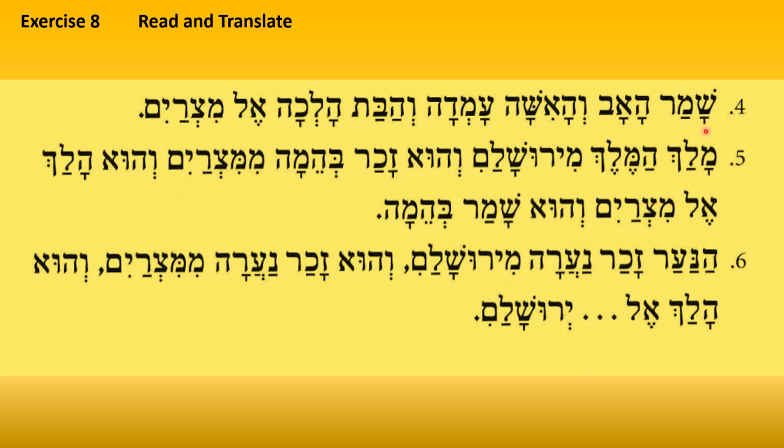Continuing in exercise 8, number 4. Shamar ha'av v'ha'isha amida v'habat halcha el Mitzrayim. Number 5. Malach HaMelech Merushalayim v'hu zachar behema miMitzrayim v'hu halach el Mitzrayim v'hu shamar behema.